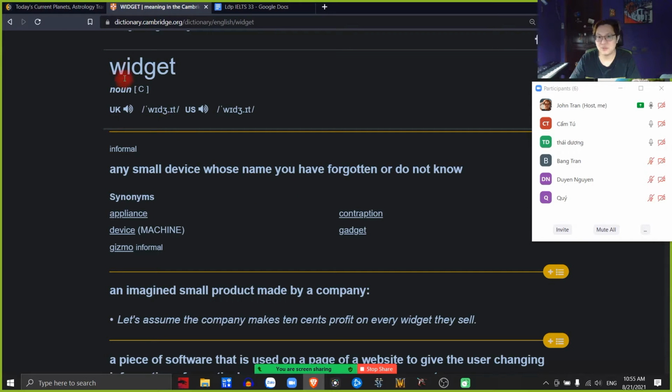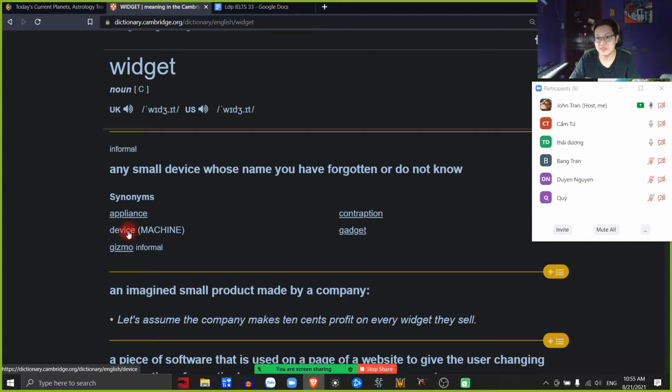I think you should not use the word widgets because it's informal. IELTS writing is a formal occasion, so you should not use informal words. Use the word gadgets, which is okay.